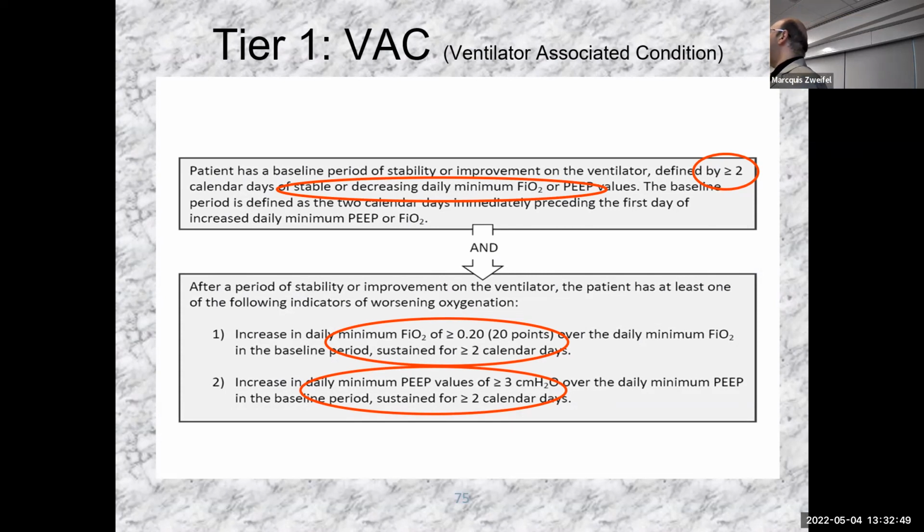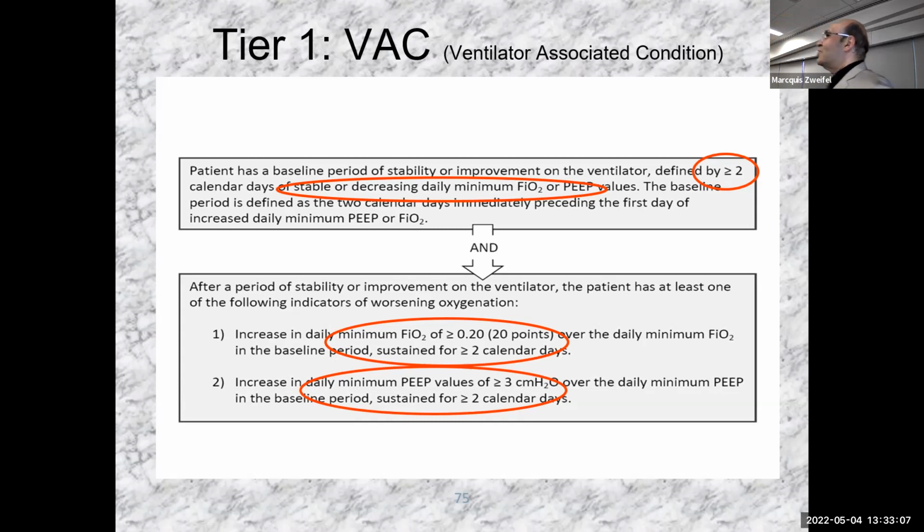So sometimes you will find me increase the FiO2 from 50 to 69. Weird number, right? 69, why not 70? Because 70 is VAE, 69 is not. And it is a reportable thing.